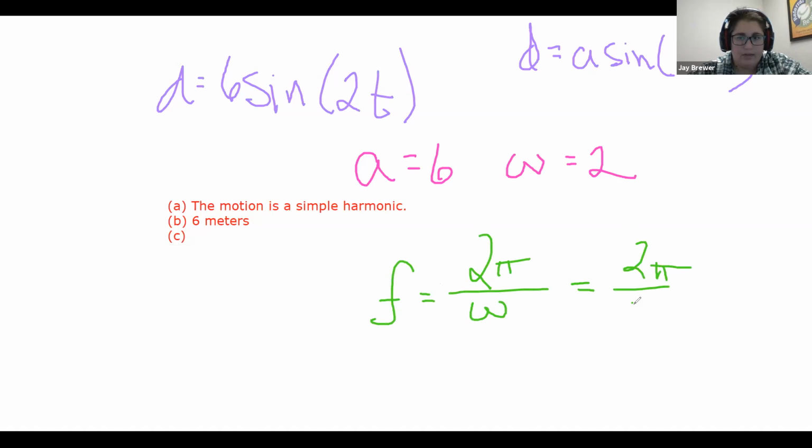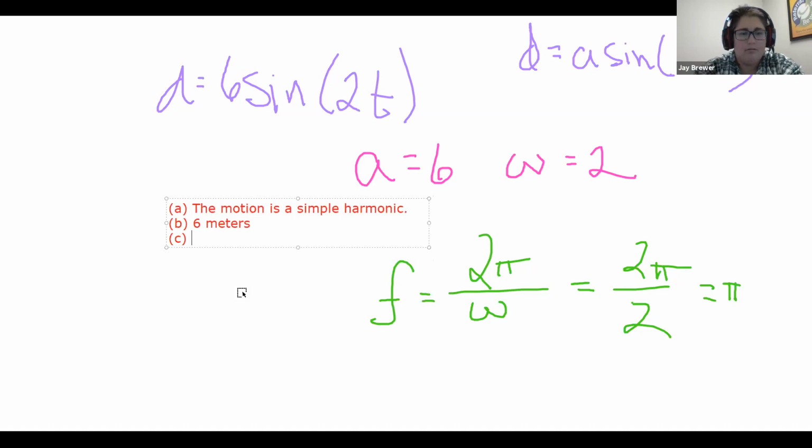We just found omega, it's 2. So then we get pi seconds.